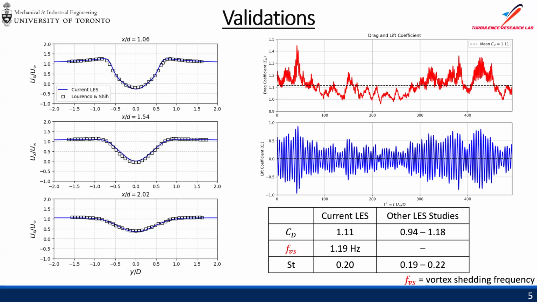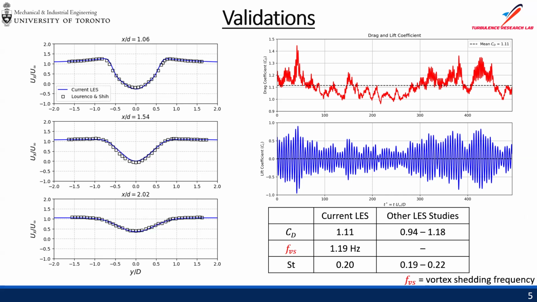This is actually the wake frequency as well. This is not a non-dimensional unit, so we did not compare that directly with other studies. However, what we could do is calculate the Strouhal number, which in this case came out to be 0.2, and again aligns well with other existing LES studies.